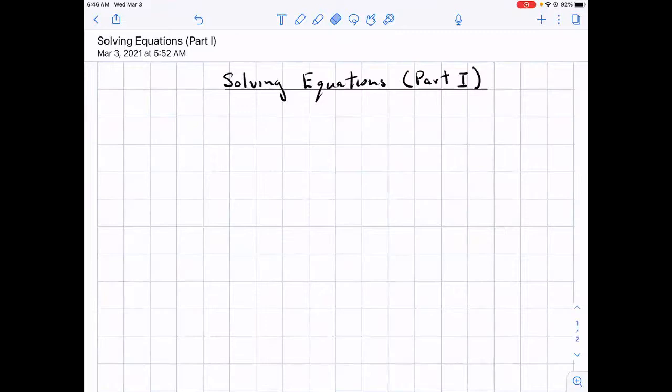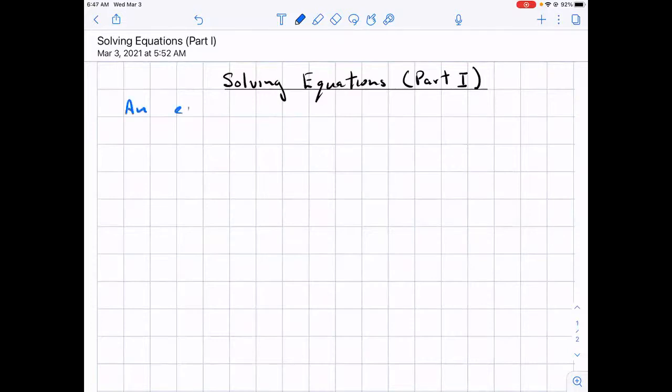So what is an equation? An equation in X, because there can be more than one or different variables in an equation, is a statement that two algebraic expressions are equal. Okay, so let's just write that down.